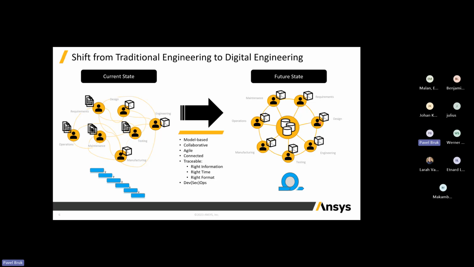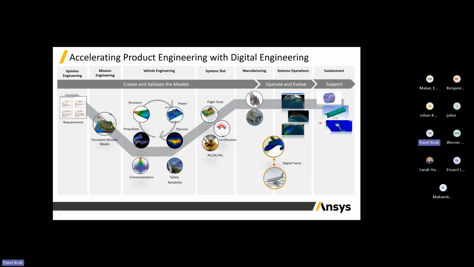So if we look at this more from the life cycle point of view, you all probably know the cycle diagrams. By introducing systems engineering, like model-based systems engineering, we basically start from the very beginning. By introducing it on the very early stages of the design life cycle, we are able to influence all other processes and all other stages of this life cycle.